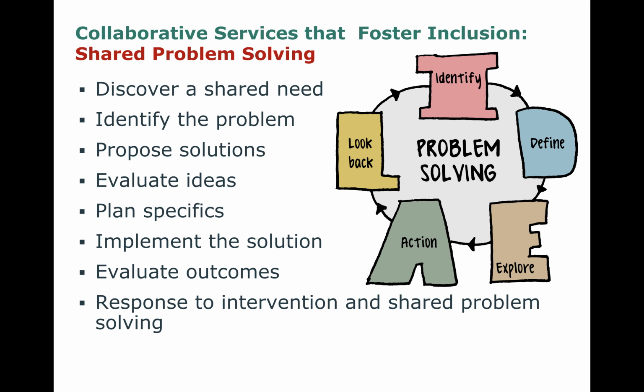Is he receiving the support that he needs at Tier 1, or does he need Tier 2 intervention to better support his needs? Okay, so identifying the problem and proposing solutions, and then implementing a plan, right? So let's move him to Tier 2 supports, and then we're going to collect data, see how he's performing, and evaluate the outcomes of that.